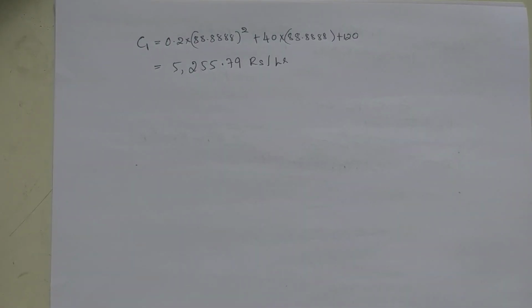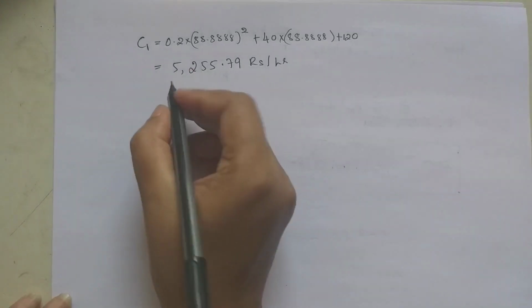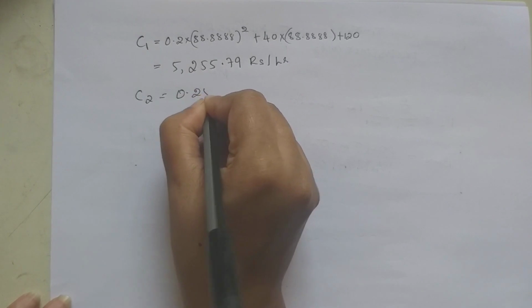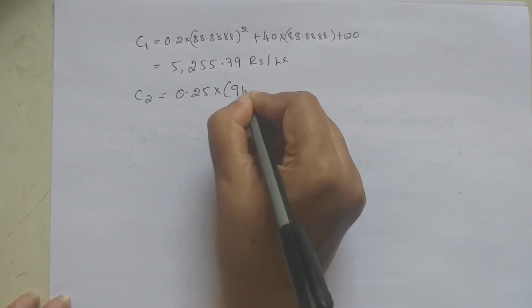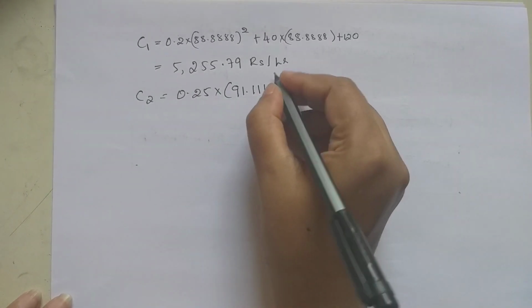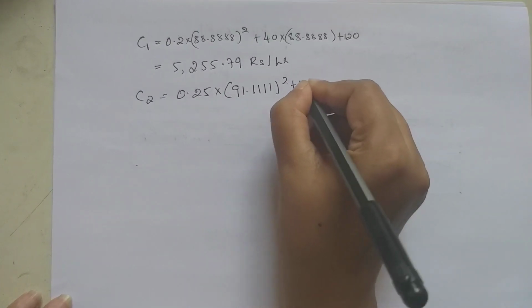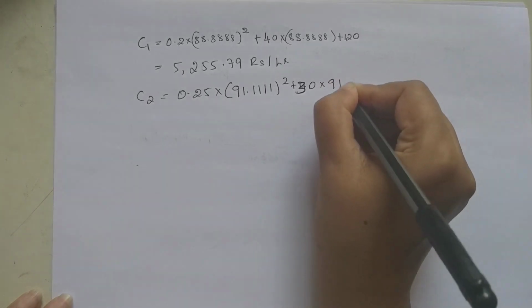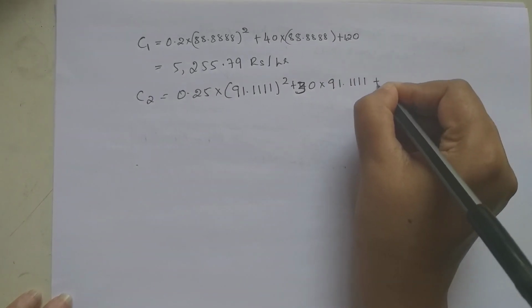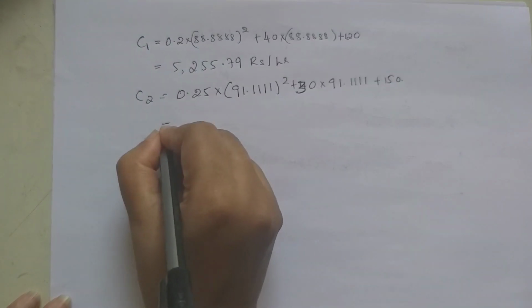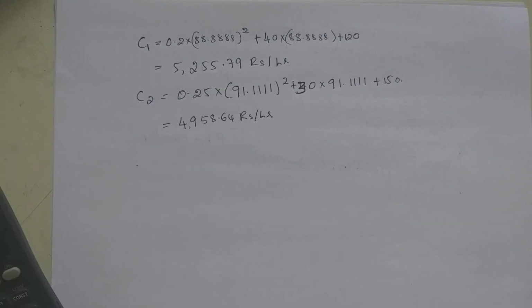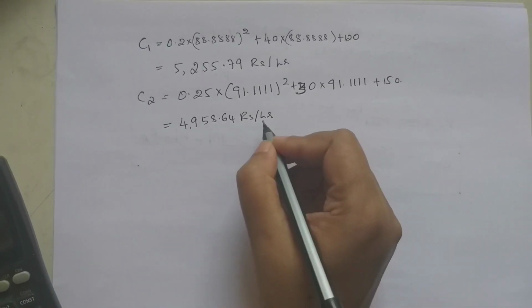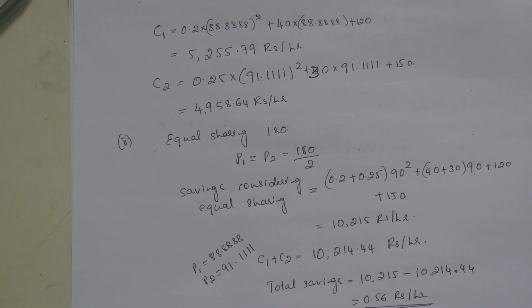And C2 is equal to 0.25 into 91.111 square plus 30 into 91.111 plus 150, we get 4,958.64 rupees per hour.